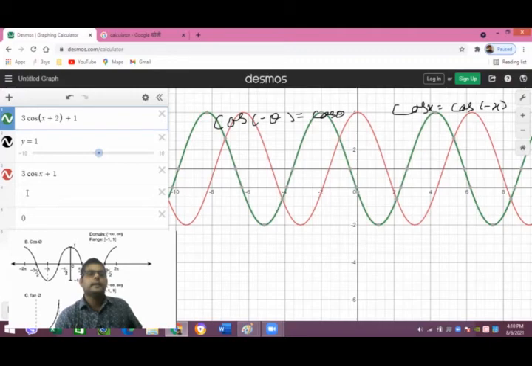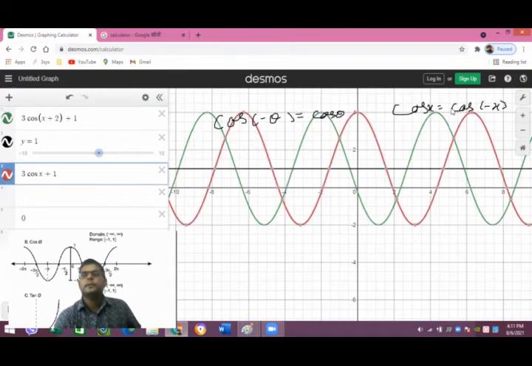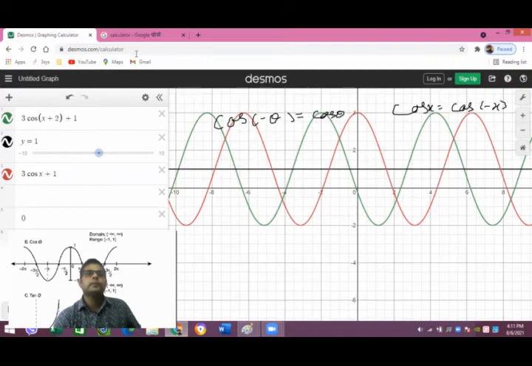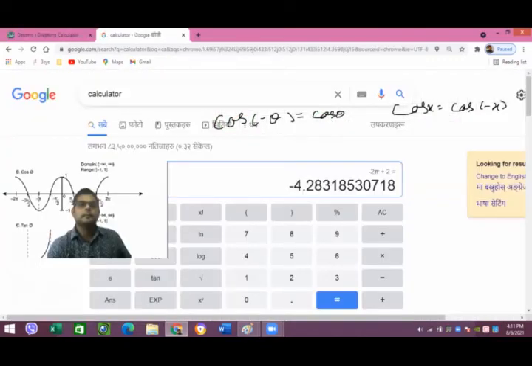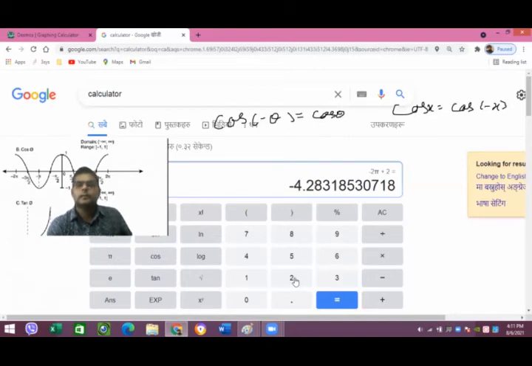Along the x-axis of the graph 3 cos x plus 1. Okay, so you can compare like this here. So this is the original graph. From any point you can see here, this is the original graph in the red color. So this point is 2 pi, and -2 means 2 pi minus 2. You can check here. This is 2 pi minus 2 because there is +2 in the x.